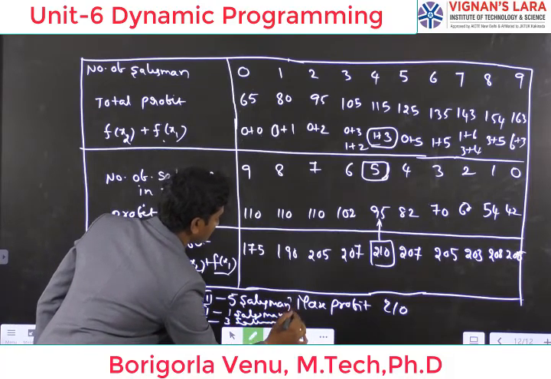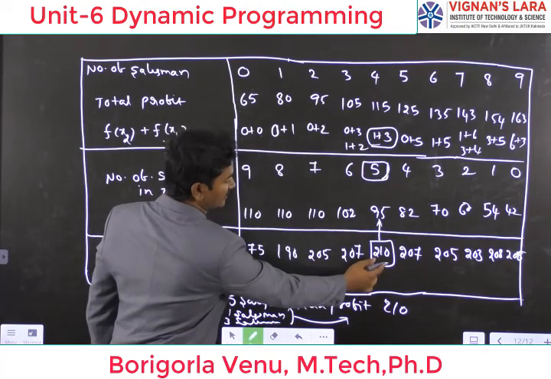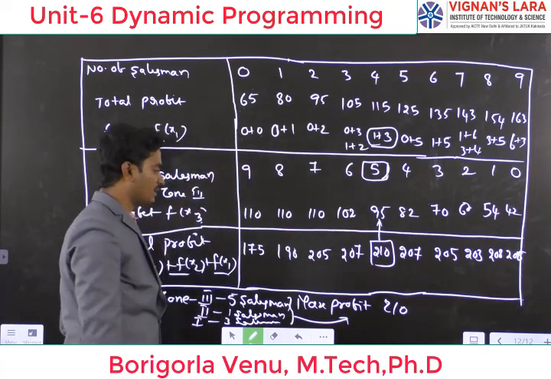From these three salesmen we get the maximum profit of 210. This is the best route that we are going to take. Okay, thank you.